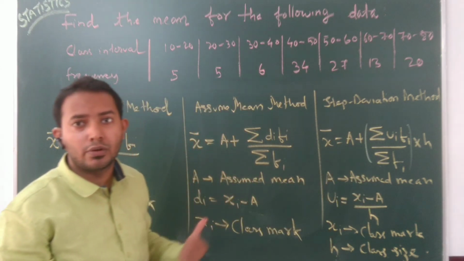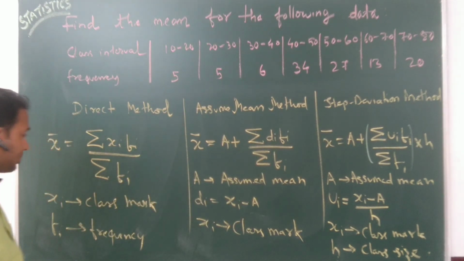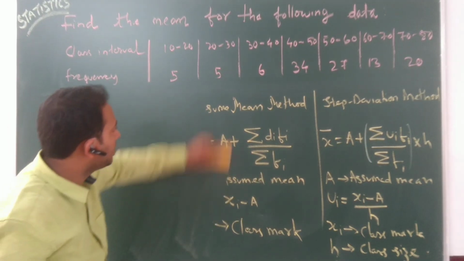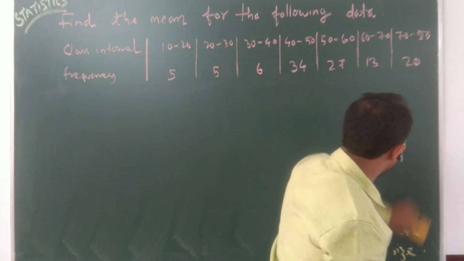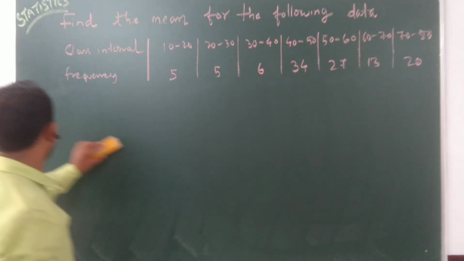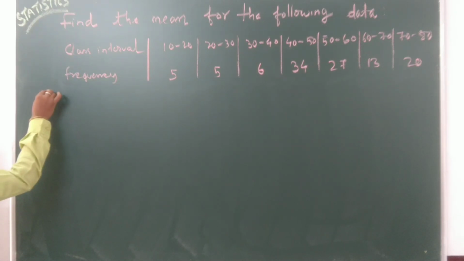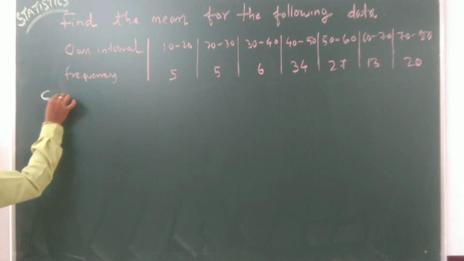And now we're going to proceed to your first problems. So here you can see the simple problem we have taken. Let's go for the direct method. In the direct method we need xi fi. That means class intervals.